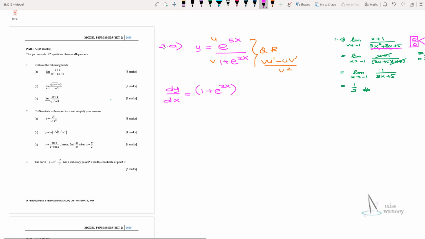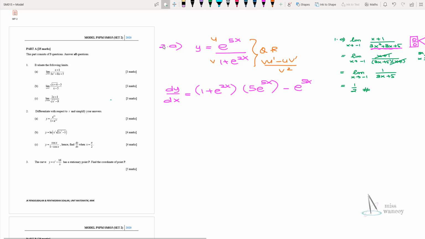U prime, differentiating e to the power of 5x, will become 5 e to the power of 5x. When we differentiate e to the power of 5x, we copy down the exponent first, e to the power of 5x, and then we differentiate the power, so that is how I get a 5 over there. Then minus u, e to the power of 5x, and then we have to differentiate 1 plus e to the power of 2x.